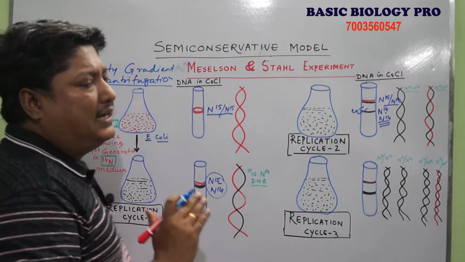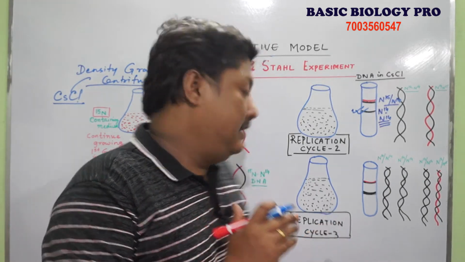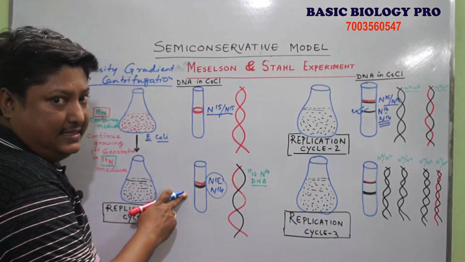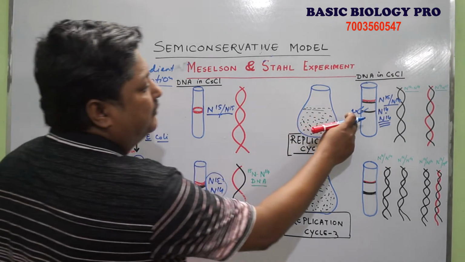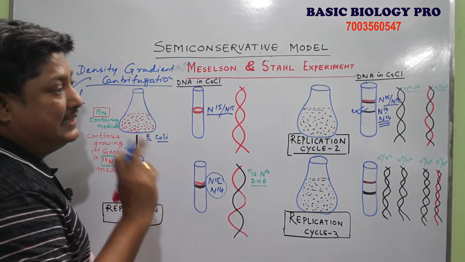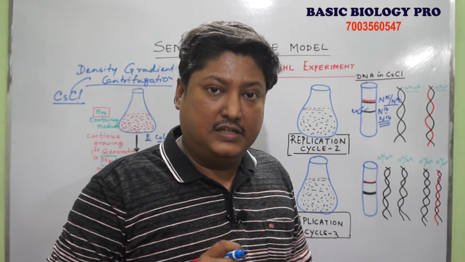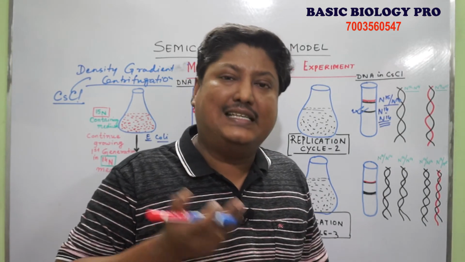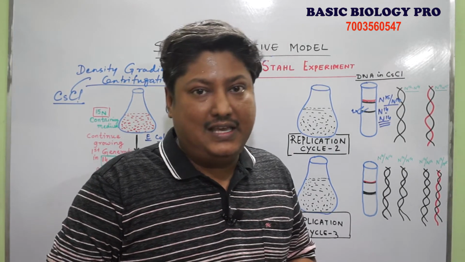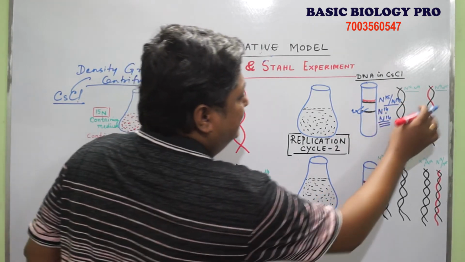If the product were only the mixed product, this hybrid band would exist, but here we found another new band, N14. So it indicates that replication occurred in a semi-conservative fashion, because all those newly synthesized strands are labeled with the N14 isotope.